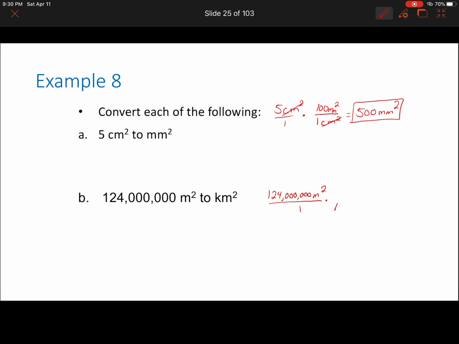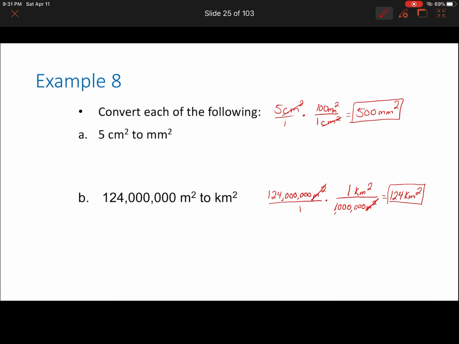And so we'll punch that in the calculator. 124 million divided by 1 million should be 124 kilometers squared. And again, notice our meters canceled out, and so then we're left with kilometers.